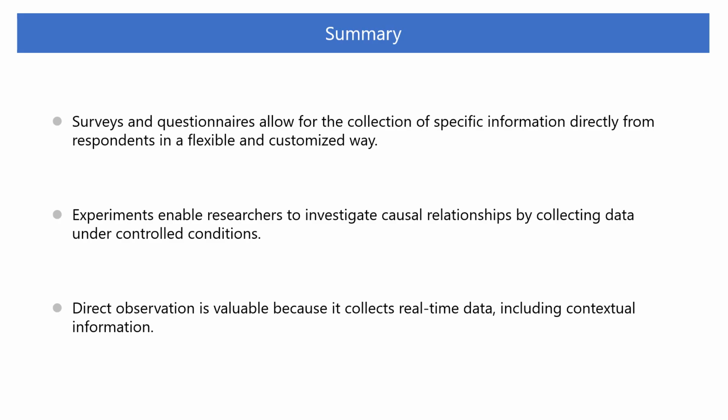Experiments enable researchers to investigate causal relationships by collecting data under controlled conditions. Direct observation is valuable because it collects real-time data, including contextual information. We must determine what data are needed and what methods of data collection are appropriate based on our research objective.